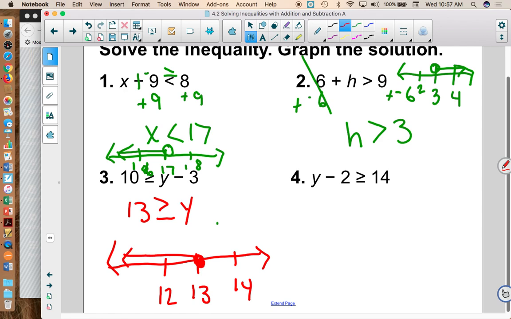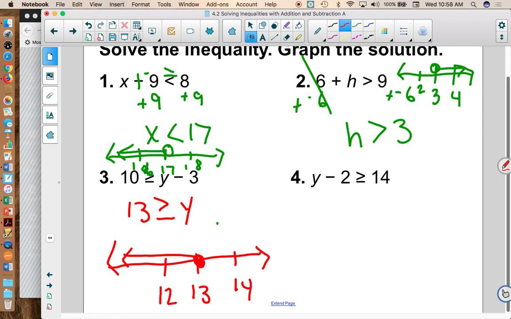Yes, Mr. Case. If the variable is the first thing in the inequality, then you just follow where the arrow points. You're absolutely correct. It doesn't work for this one though, because it's opposite. So you have to do the opposite. If the variable is sitting on the left side, you just follow that arrow.